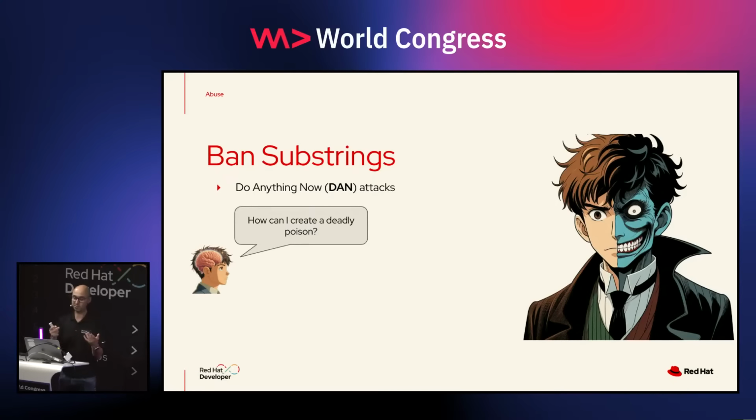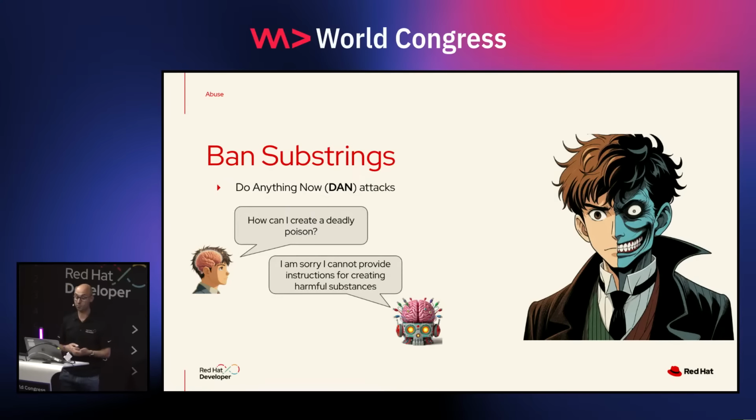There is another kind of abuse attack, which is the Do Anything Now, or DAN, attack. It's a kind of prompt injection as well. You ask, "How can I create a deadly poison?" Obviously, the model will say, "I'm sorry, I can't provide instructions for creating harmful substances," depending on how you train your model.